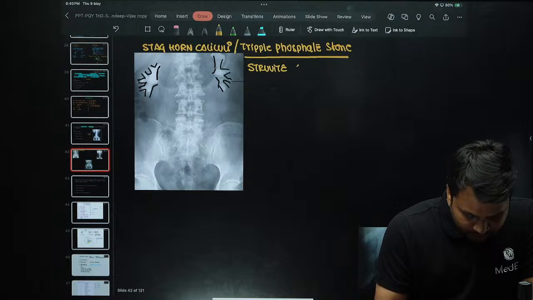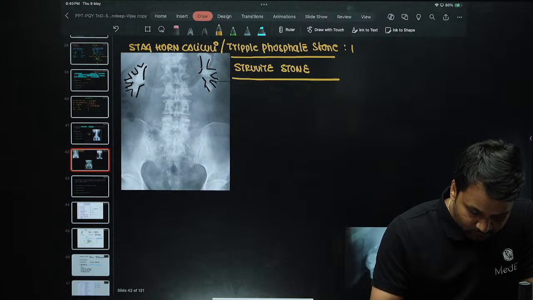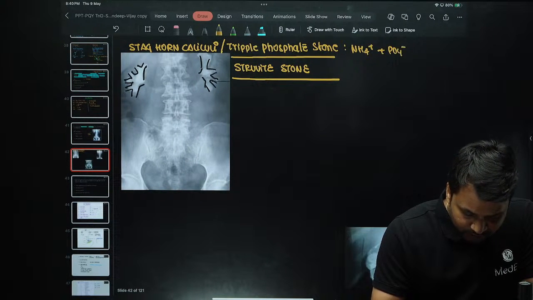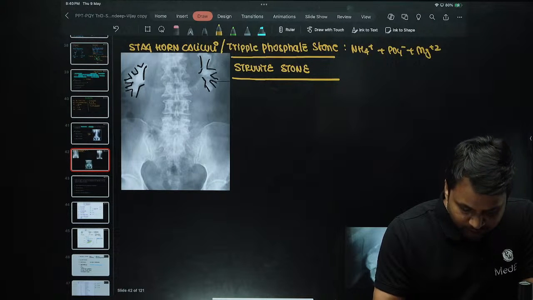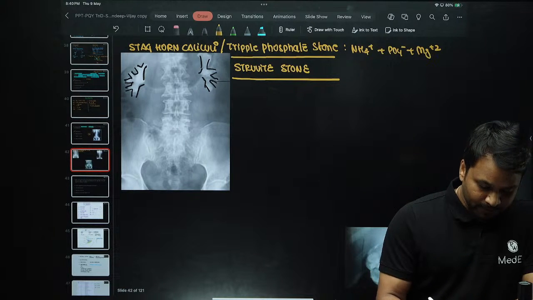It is called the triple stone because it consists of ammonium, phosphate and magnesium crystals. Because it has three different salts, it is called the triple stone, right?